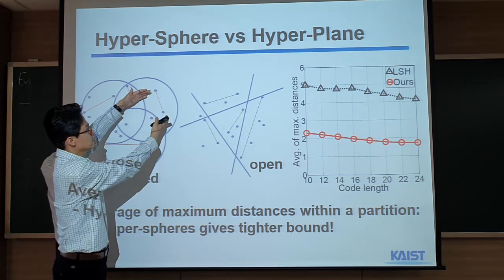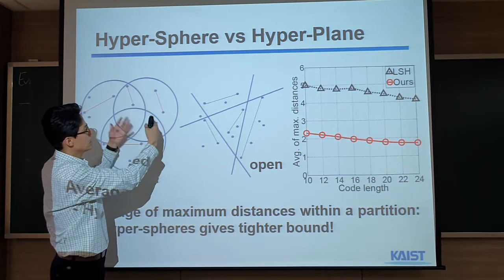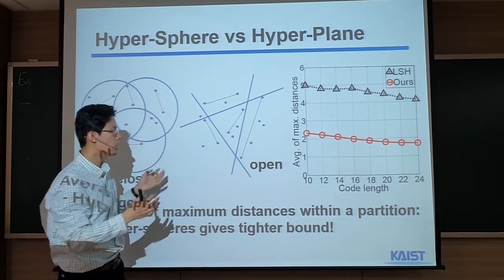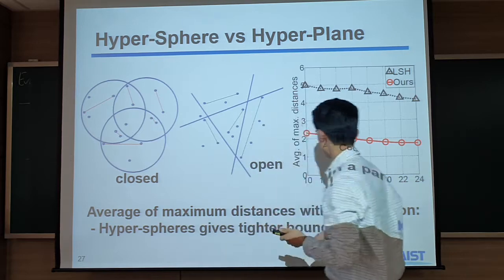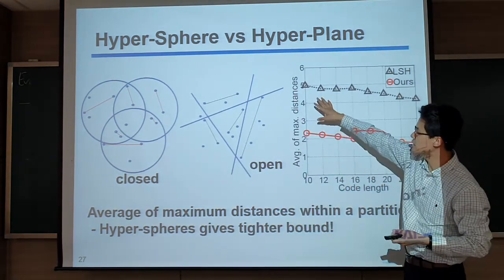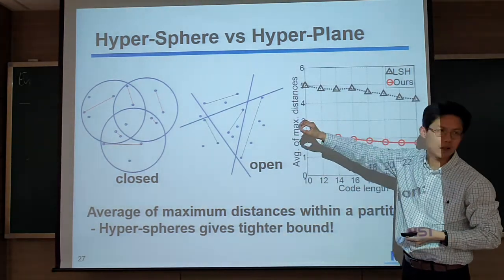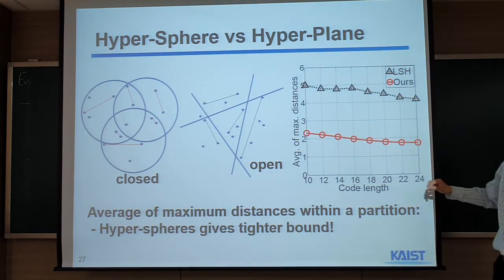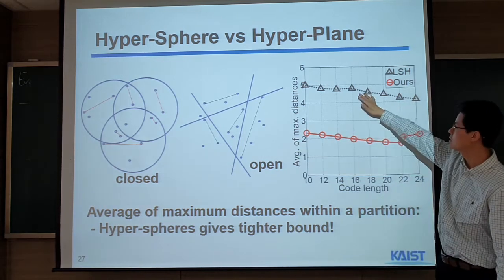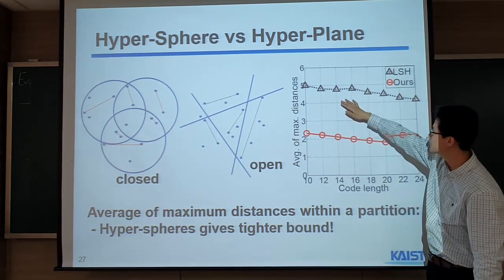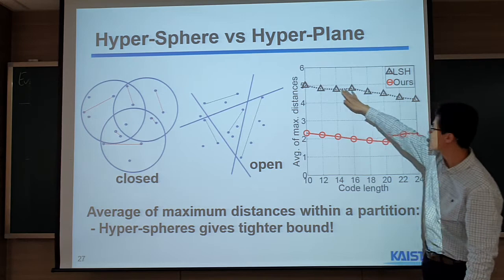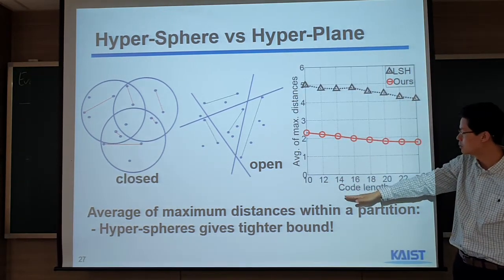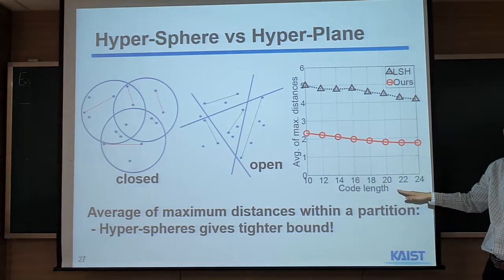Also, they represent similar nearby data with the same bit value, right? So if we measure the average of the maximum distance among data having the same bit value, the average distance using the hyperplanes looks like this, as a function of wider, bigger code length.